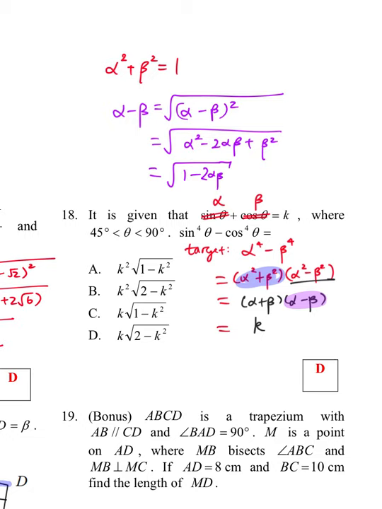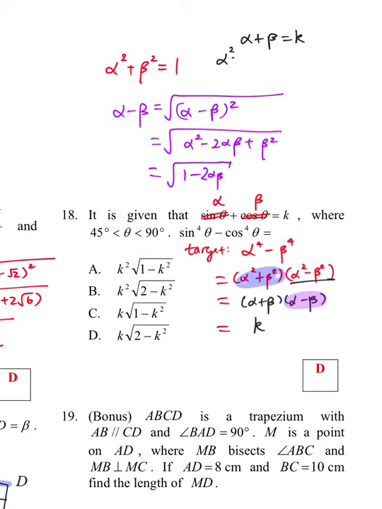The story still needs to proceed because we do not know the product of the roots. So how can we obtain alpha multiplying beta? Again, we move backward to the fact that alpha plus beta is equal to k.